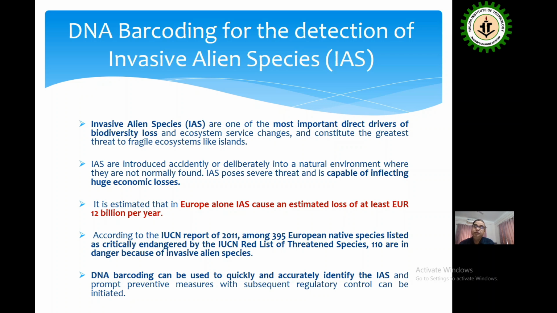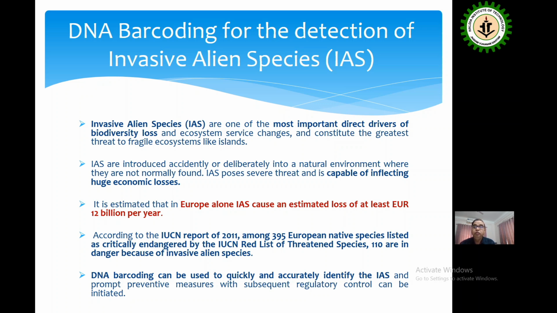And what happens is that the species diversity index will severely go down and index of dominance will become high. And the dominant species will be the invasive alien species. So it is estimated that in Europe alone, invasive alien species cause an estimated loss of at least 12 billion euros worth of loss every year.